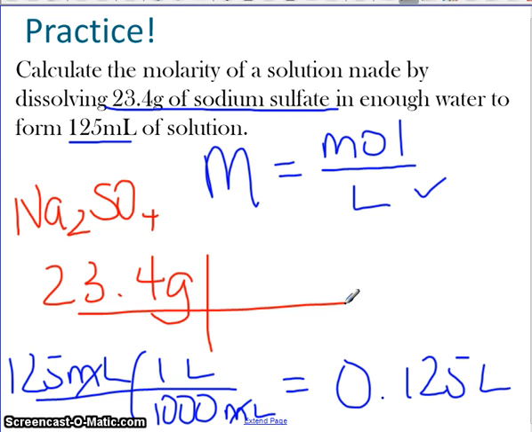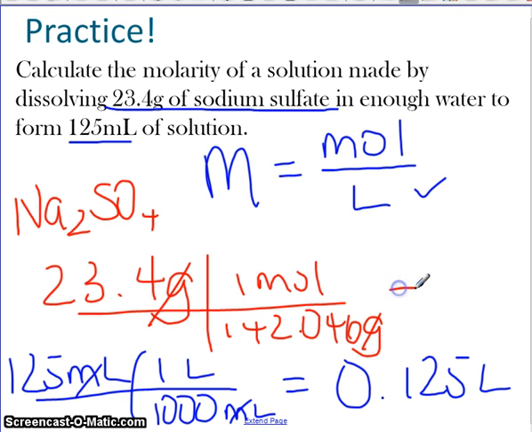And it's 142.046 grams is equal to 1 mole. Grams and grams cancel out. When I multiply across, I get 0.165 moles.